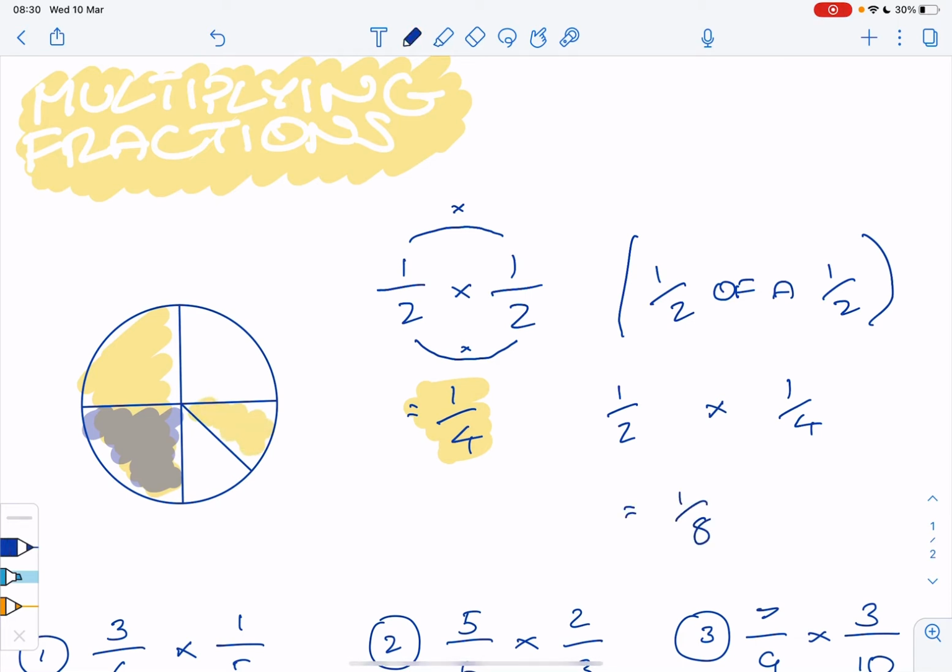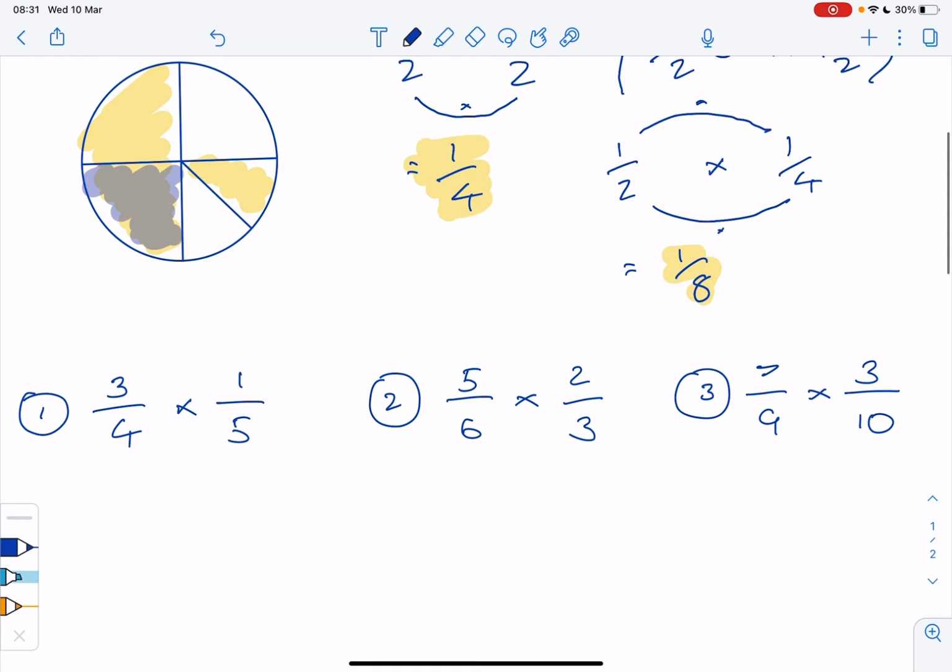That comes from 1 times 1, the two top numbers multiplied together, giving me 1, and then the two bottom numbers multiplied together giving me 8. So we can take any two fractions, and more than that if we needed to, and multiply them together by multiplying the numerators, the top numbers, together, and then multiplying the denominators, the bottom numbers, together.